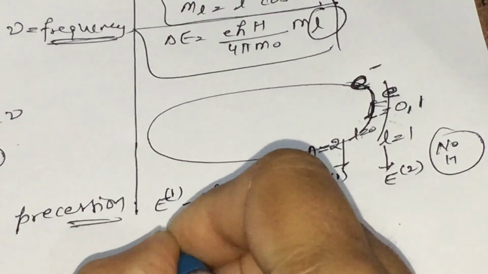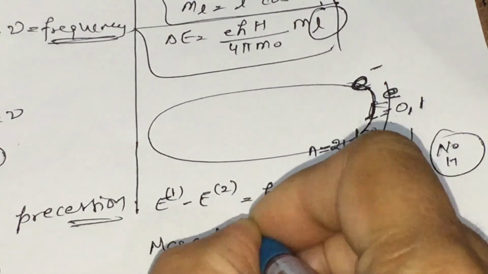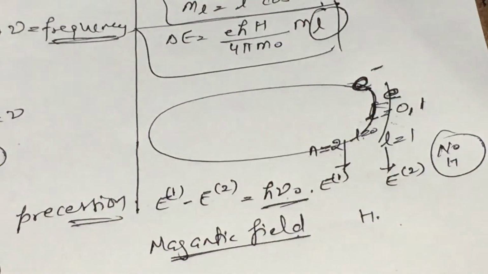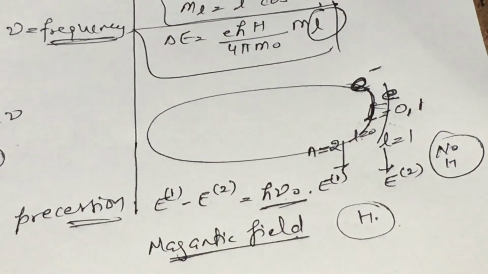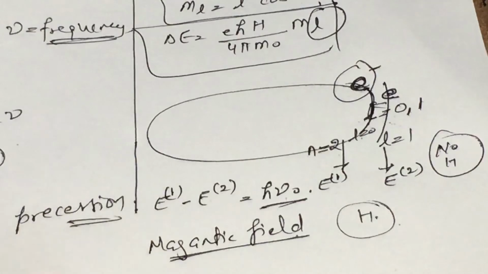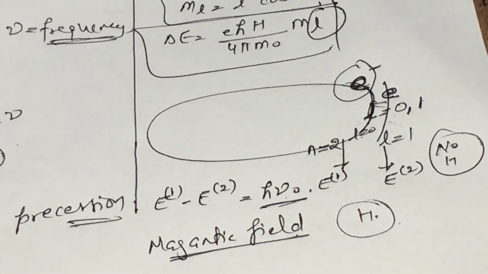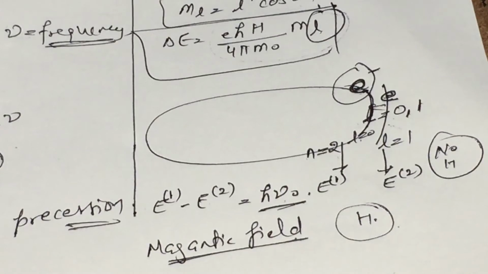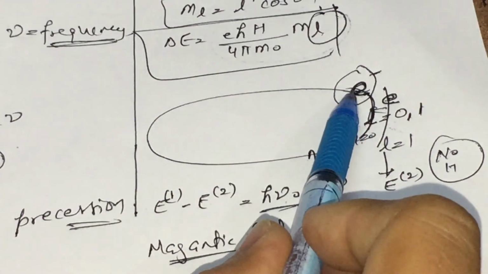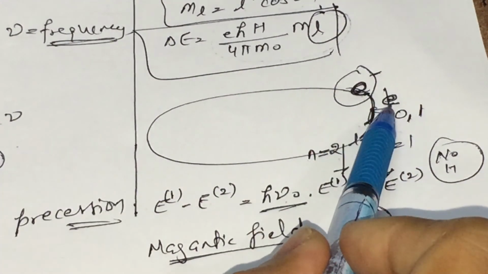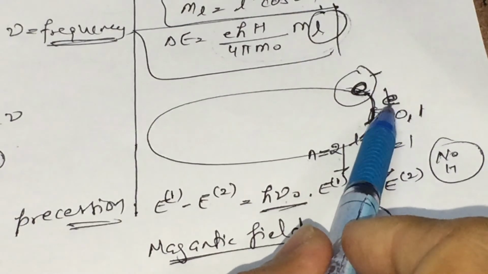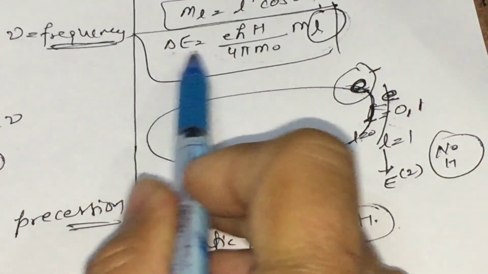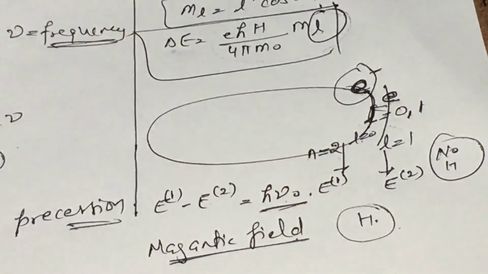Let us consider now a magnetic field is applied and the magnetic field has strength H. We know that when H is applied, this electron will change with some sort of energy, and this is the amount of energy by which the energy of this electron will change. The energy of this electron will also change with the magnitude of this amount.